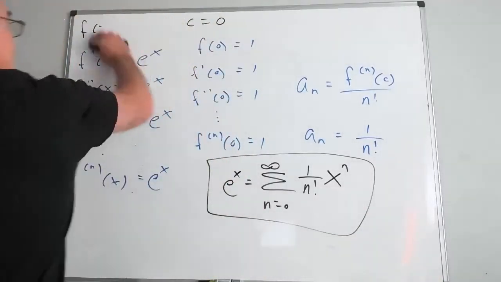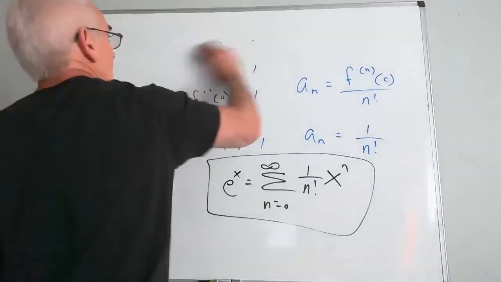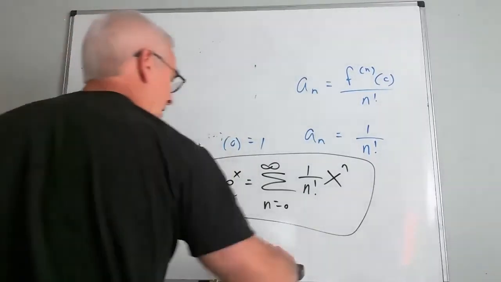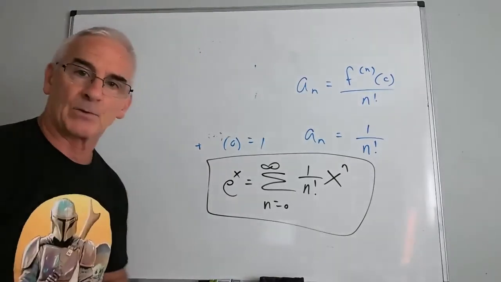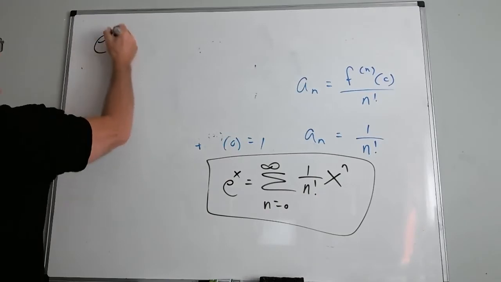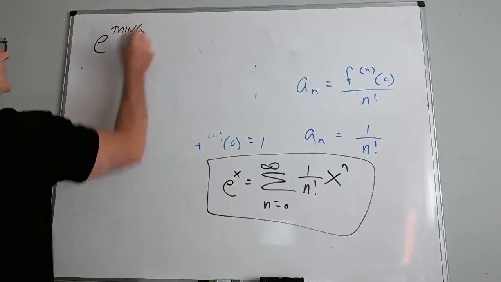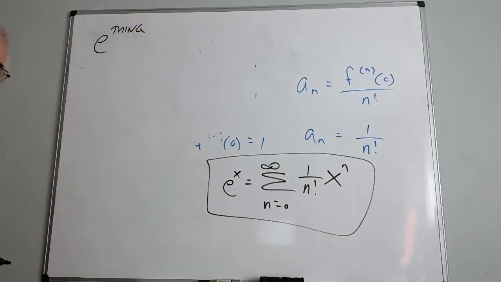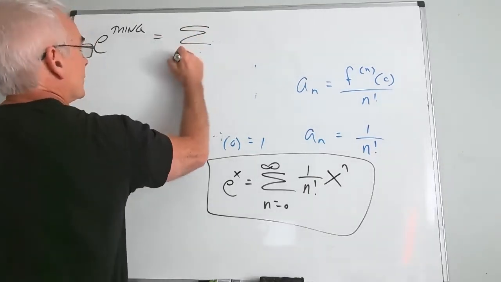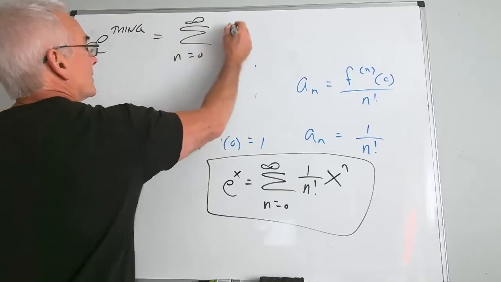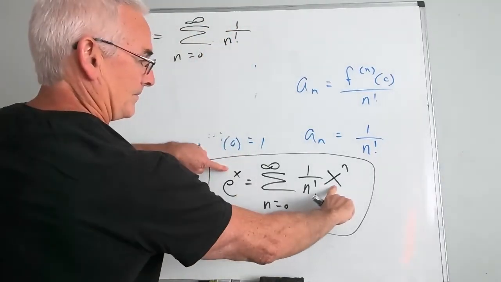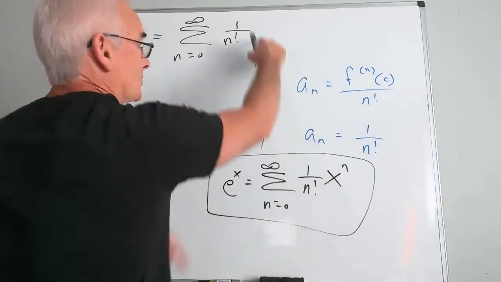Okay, so now the next question. You're going to like this. Because e to the x is analytic everywhere, it has no issues. This is my formal mathematics now. You've got e to the thing, where thing can be anything you want it to be, is equal to... anybody want to make a guess what goes here?